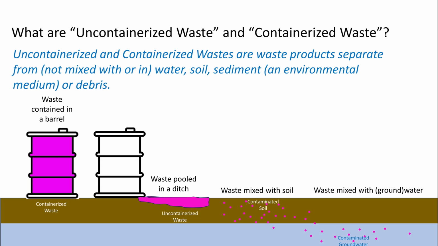So while these are fairly simplified examples of containerized waste, uncontainerized waste, and contaminated media, they do serve to help us get the terminology straight and keep it straight in our minds what we're talking about when we're talking about uncontainerized and containerized waste.